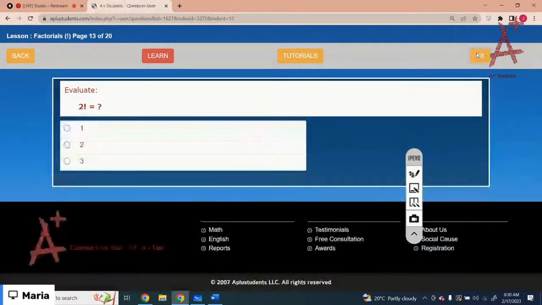Okay, the next one is 2 factorial. 2 factorial is, yes, it is 2.